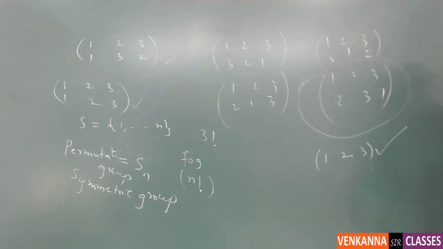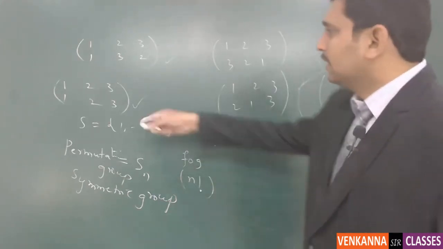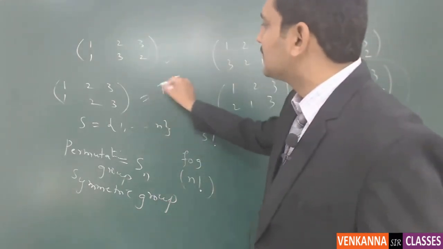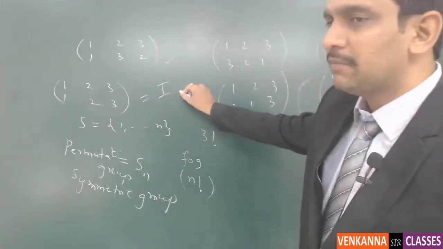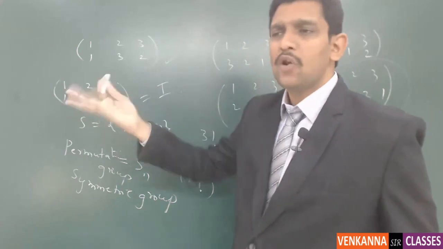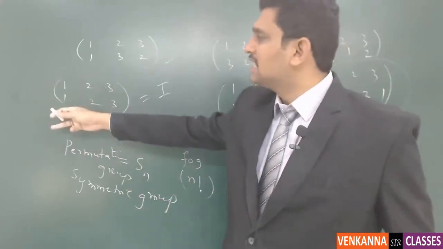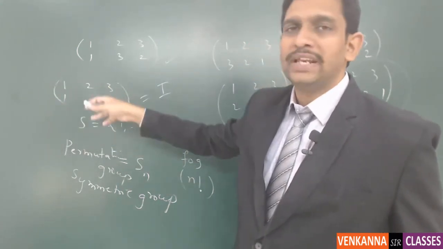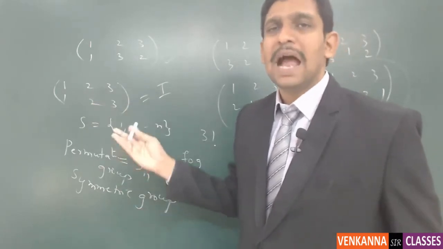You can write a permutation exhaustively like this, or in a simple manner like this. This is also correct. This permutation we call the identity permutation, because every symbol is mapped to the same symbol. You are not getting any different one. 1 is with 1, 2 is with 2, 3 is with 3. It is nothing but the identity function.